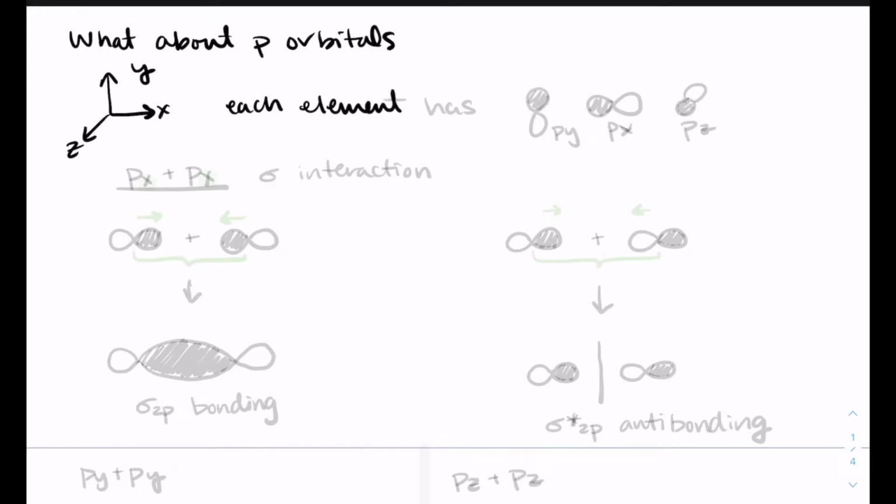That's the kind of overlap that you get. For the constructive interference version, they are shaded or unshaded appropriately so that they're the same shade when they overlap. The result is a sigma 2p bonding MO.